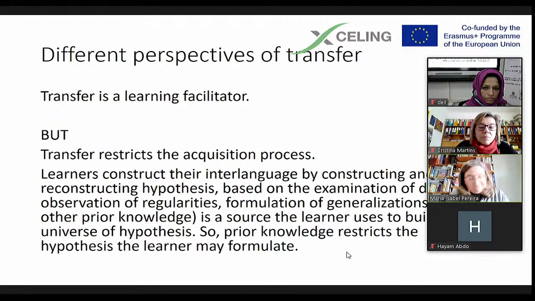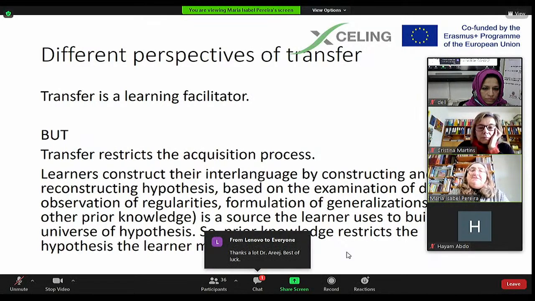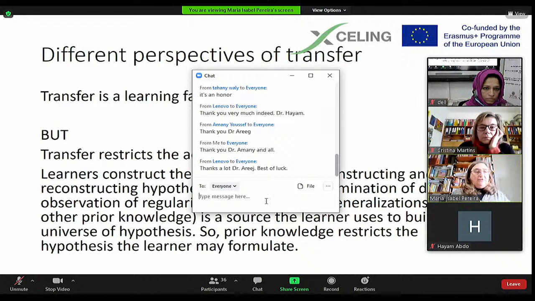Well, and we as language teachers know that transfer of L1 or of other languages previously known can be a learning facilitator. But transfer also restricts the acquisition process because, well, you all know how an interlanguage is built.